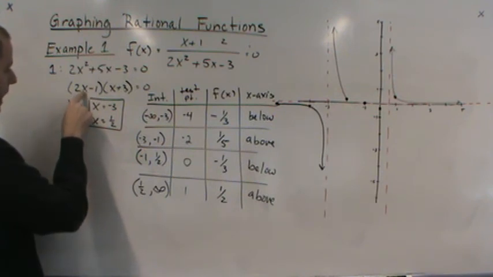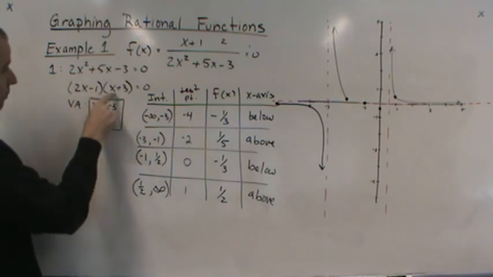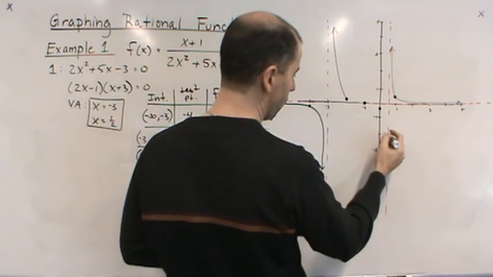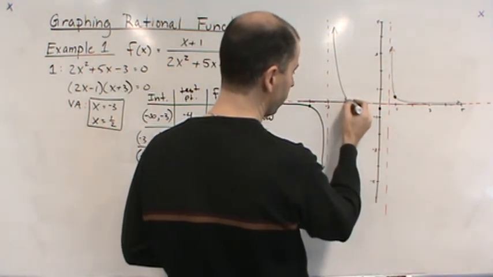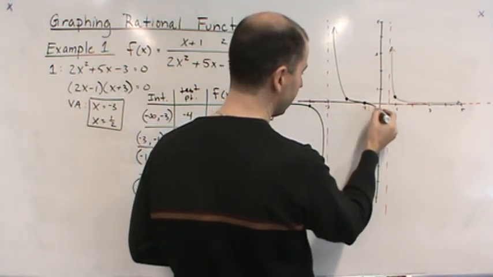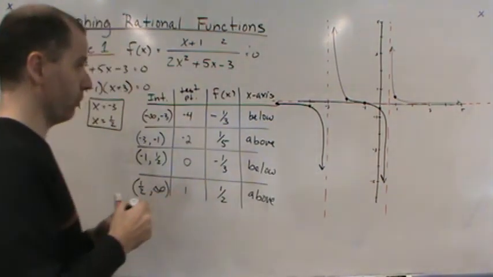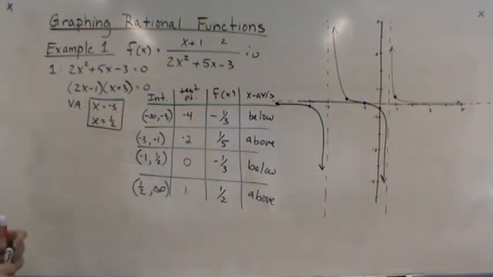If this is a half, this is 1, so if this is less than a half, this will be negative, and this will be positive, and so what's going to happen is this is going towards negative infinity, so this is doing something like that. And that's the end of the sketch.